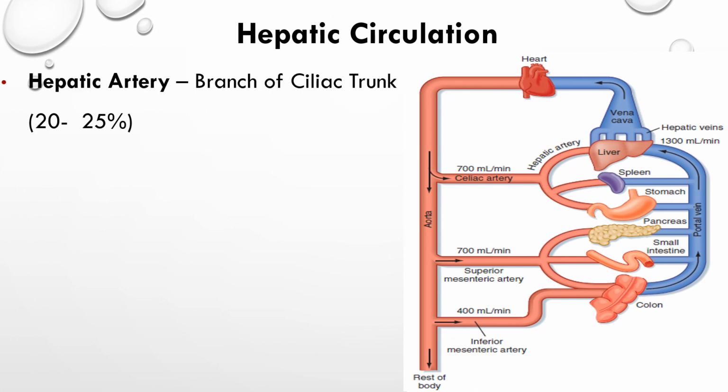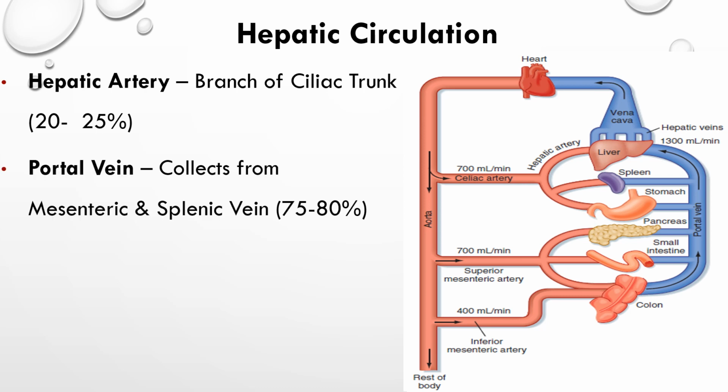Hepatic circulation. The liver receives 20 to 25% of its blood from the hepatic artery, which is a branch of the celiac trunk, and around 75 to 80% from the portal vein. The portal vein receives blood from the mesenteric vein and the splenic vein.